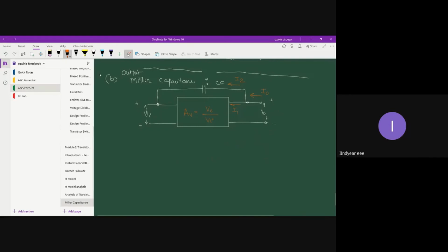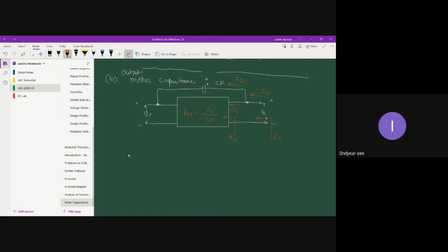Let us say R0 is the output resistance of the amplifier, the black box, and Z0 is the overall output impedance of the transistor network. Since voltage is known, you can write an expression for I1, I2, etc.